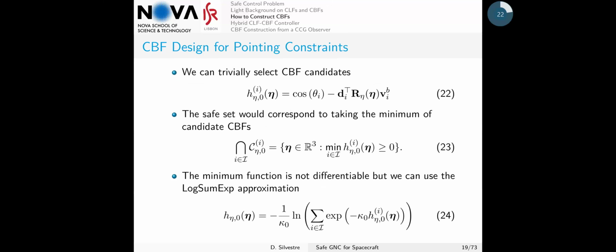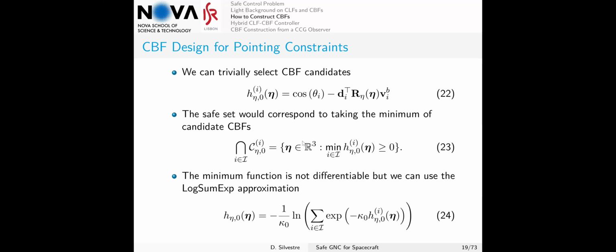And so if we then pass to the CBF designs, then we can design one of these candidates for each of the pointing constraints. Then of course the total CBF, the total safe set, would be the intersection of all of that, which means that you have to take the minimum of all the CBFs, and the very common trick is to use the log-sum-exp approximation.